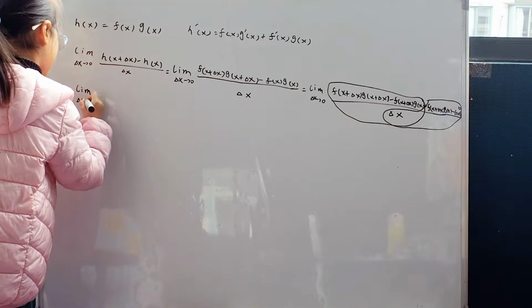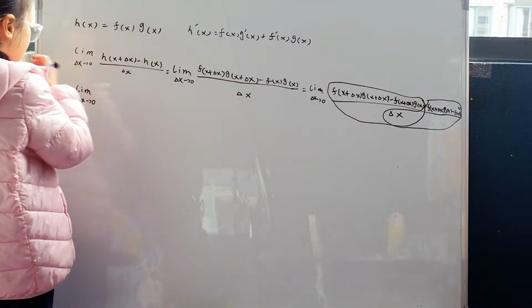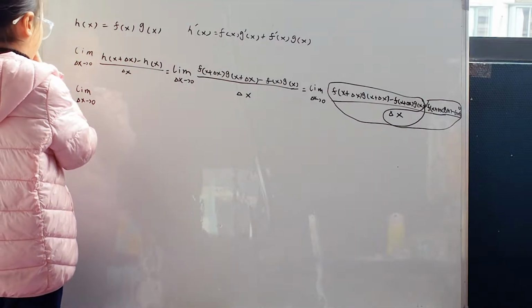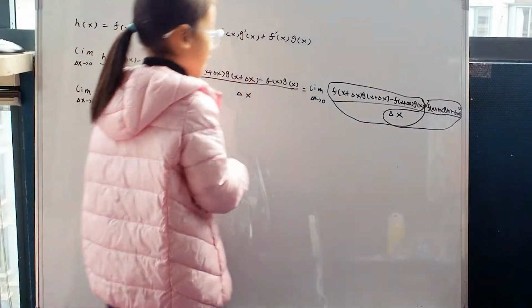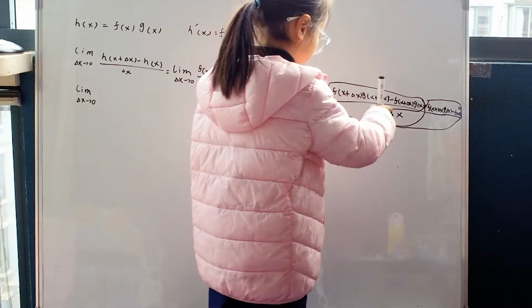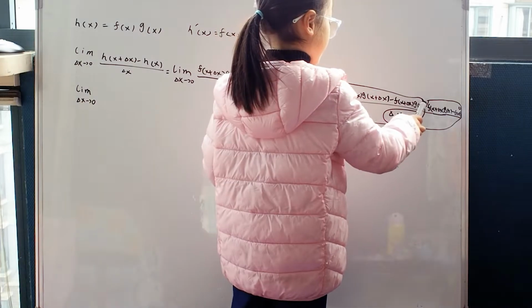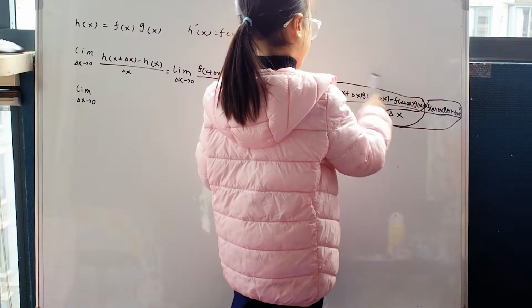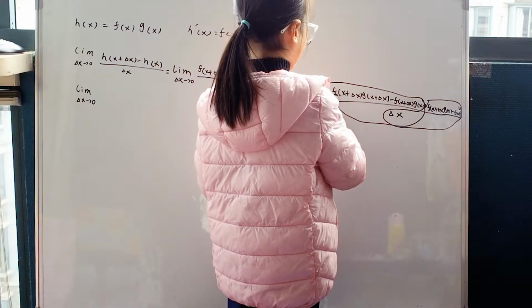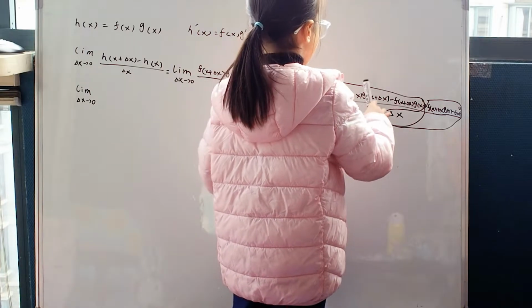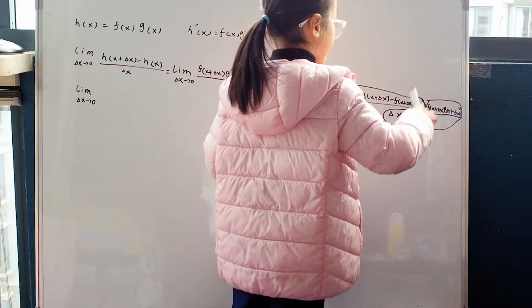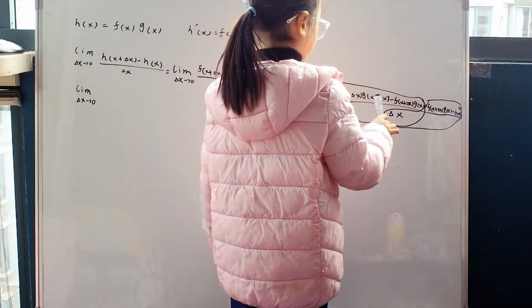Limit delta x approaching 0. In this part, we can take the f(x plus delta x) out, so we get g(x plus delta x) minus g(x) over delta x.